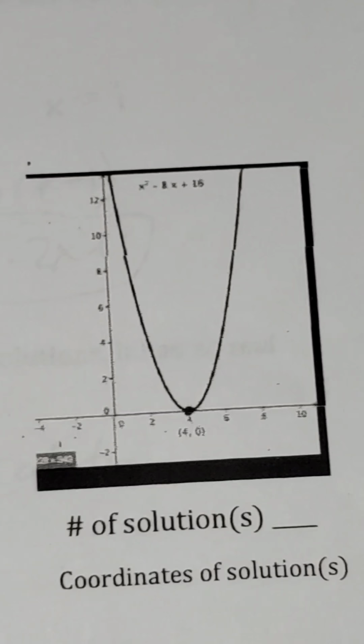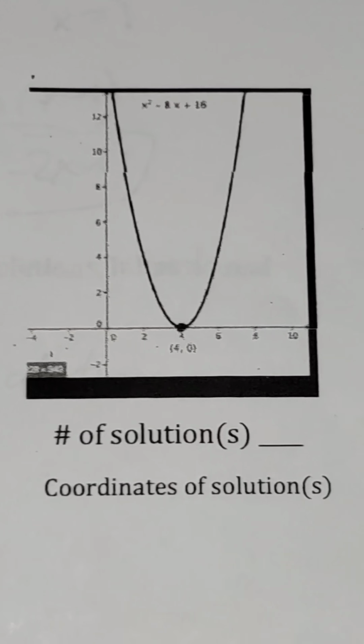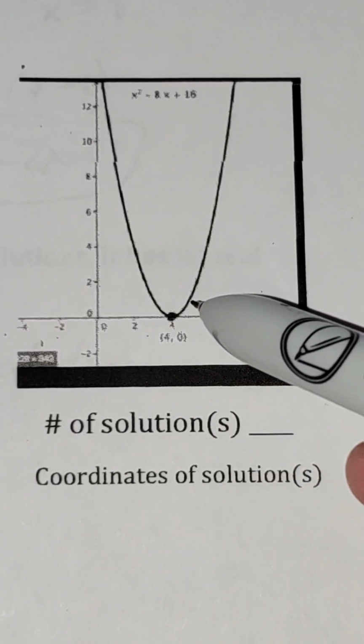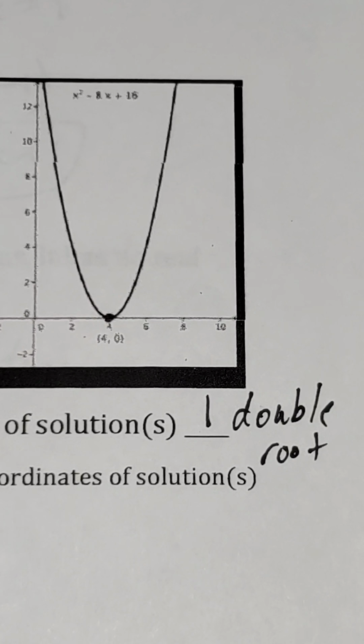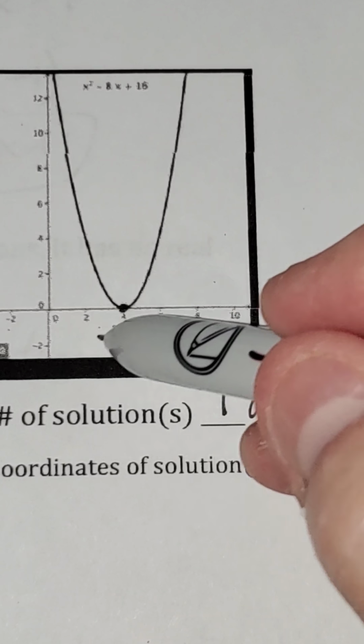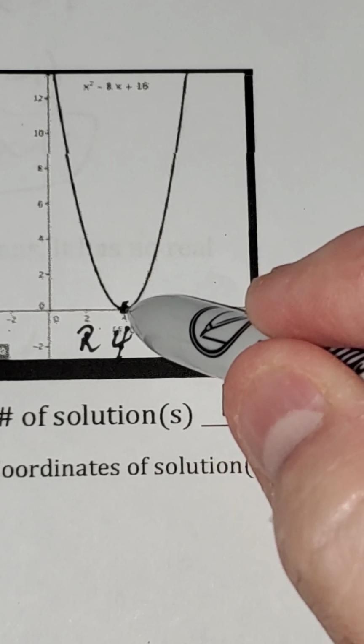Let's drop straight down here and we'll work this last bottom right one together. It says how many solutions are there? There is one, if you remember what it's called, double root or double solution, or 1 double 0. It is located at, notice that's a 2, that's a 4.